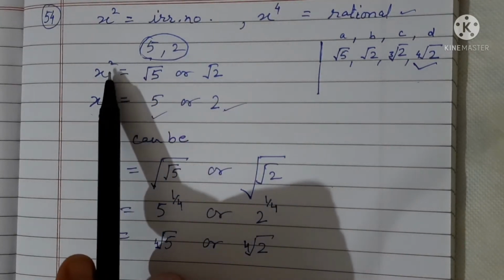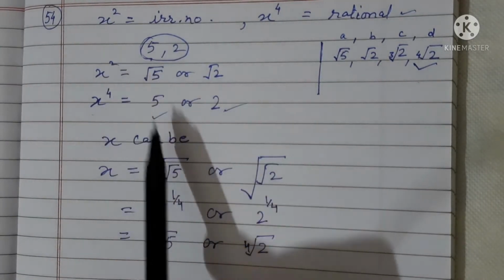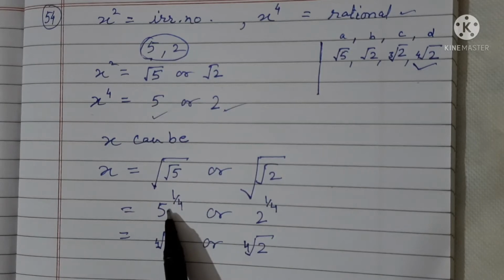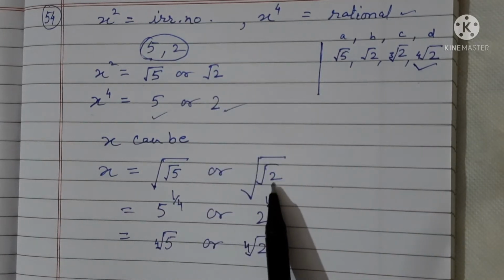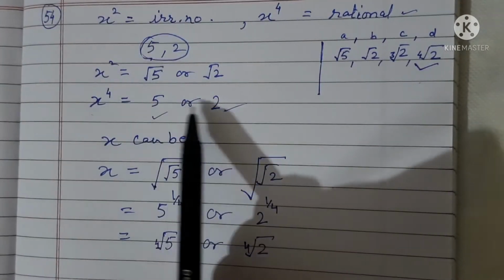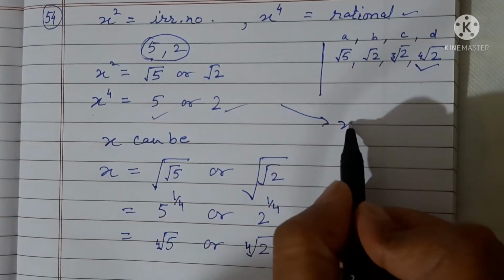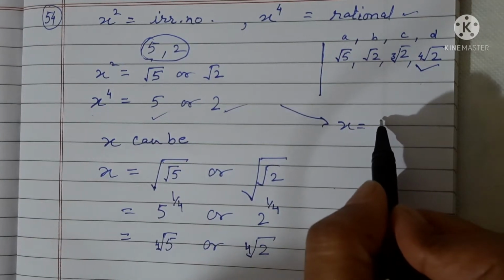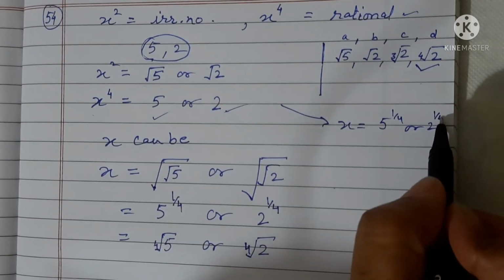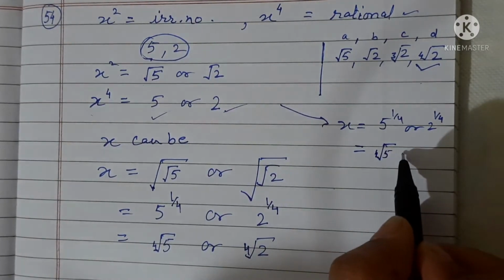So taking the square root from this part, you can write x is 5 to the power of 1 upon 4, and here 2 to the power of 1 upon 4. From here also, if you take the fourth root of these two numbers, you can write directly x is equal to fourth root of 5 or fourth root of 2.